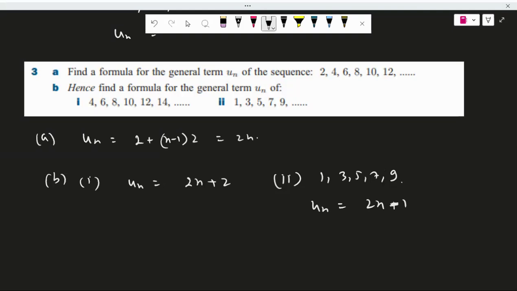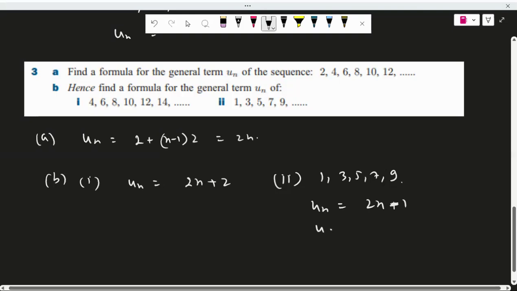If you take n equals 1, it is 1. N equals 2, then it is 3. N equals 3, then it is 5, and so on. Let's move on.